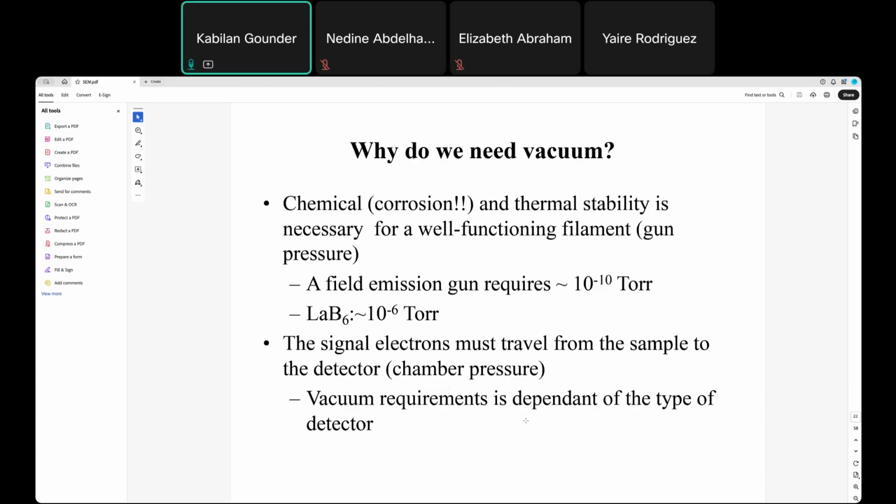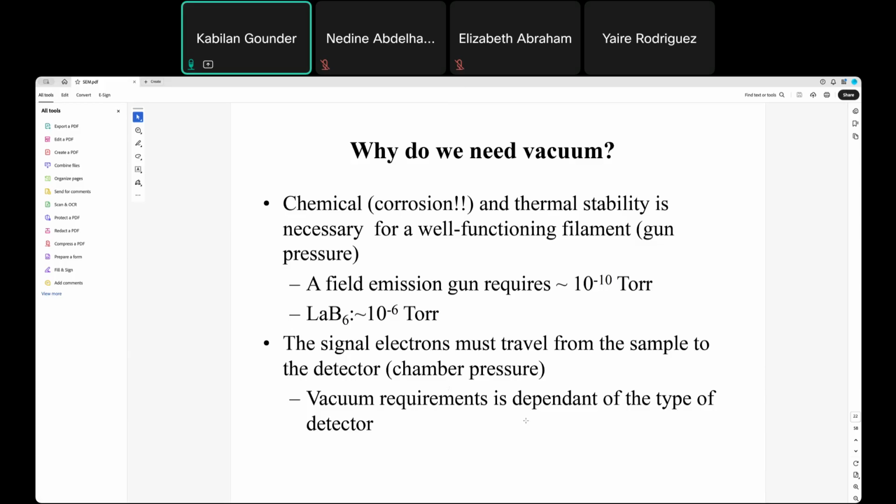So, why do we need the vacuum? Chemical and thermal stability is necessary for a well-functioning filament. A field emission gun requires a pressure of 10 to the power of minus 10 torr, and LaB6 requires 10 to the power of minus 4. There's no need to worry about all these details, but our main goal is to understand why you want a vacuum.